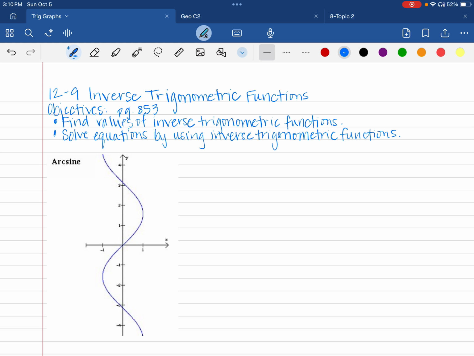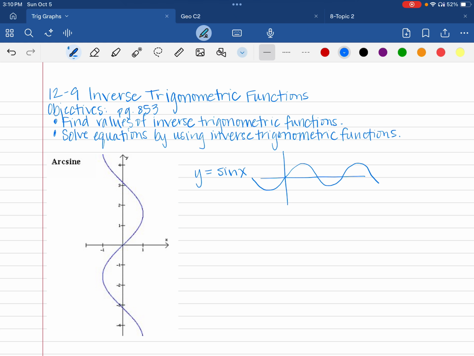The graph of sine, if we had y equals sine of x, we know looks like a wave, going this way. That is so beautiful.